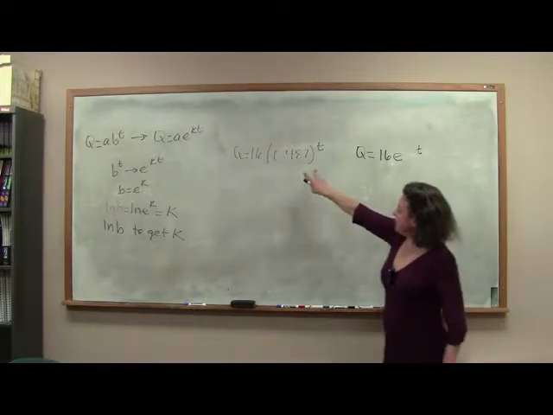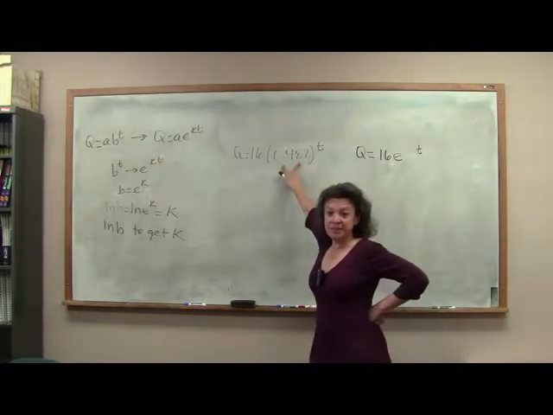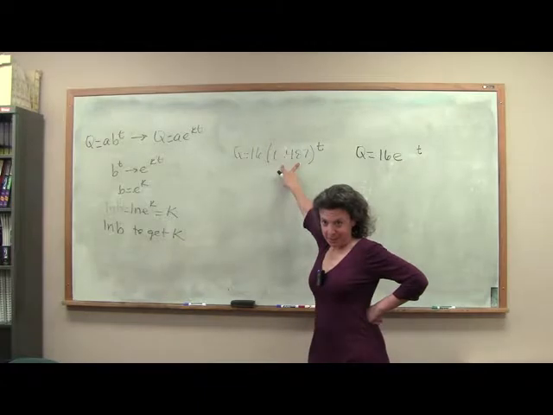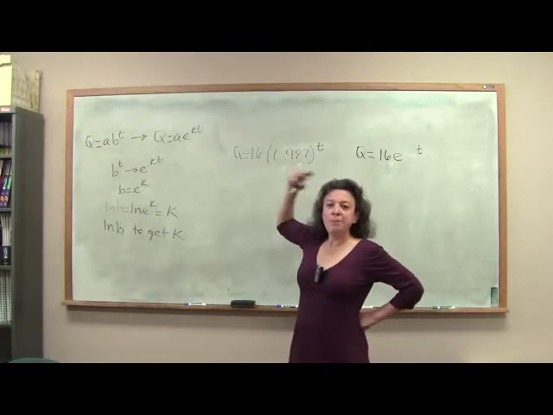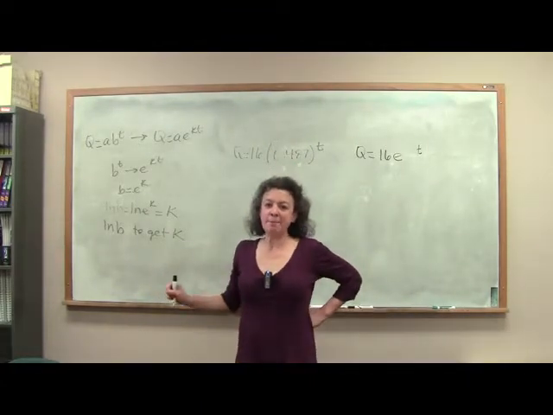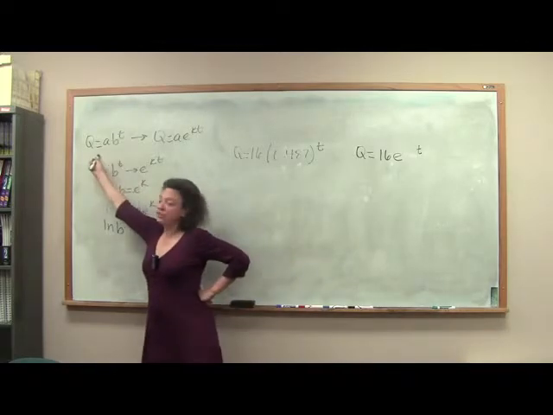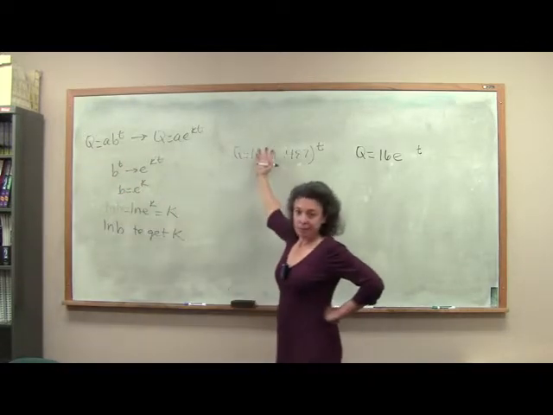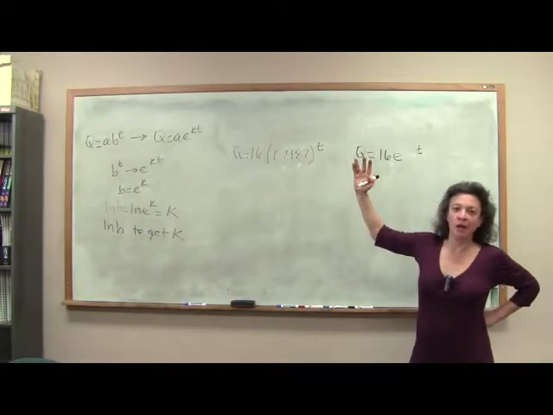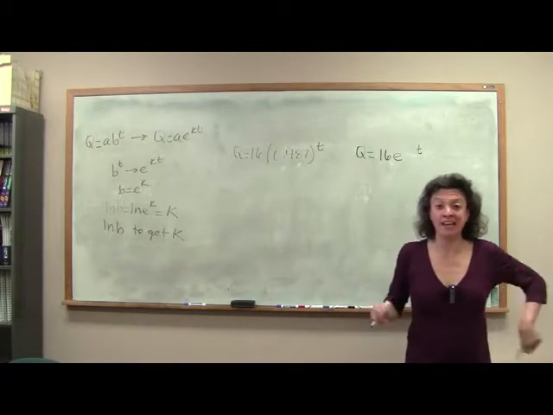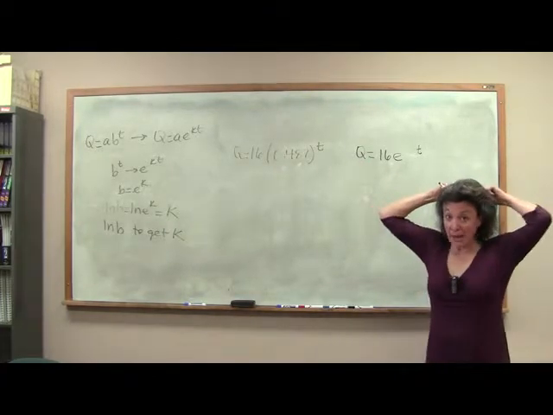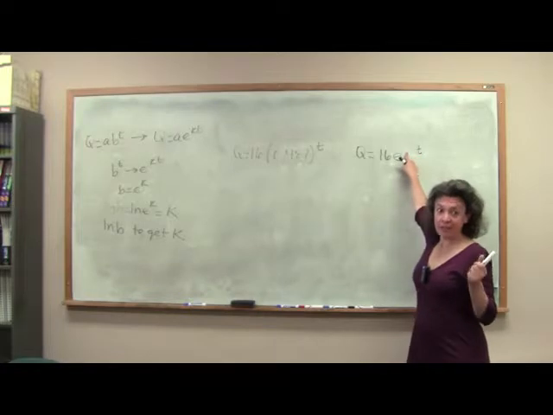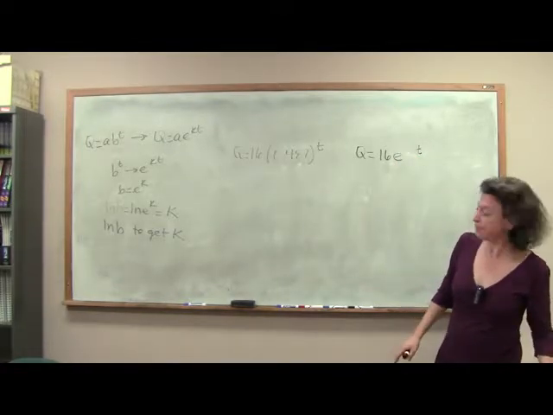All right, notice my b is between 0 and 1. Okay? In the back of my head, I remember when an exponential function is written in this form and my base is between 0 and 1, I know there's decay. So in the back of my head, I'm preparing for a negative value of k.